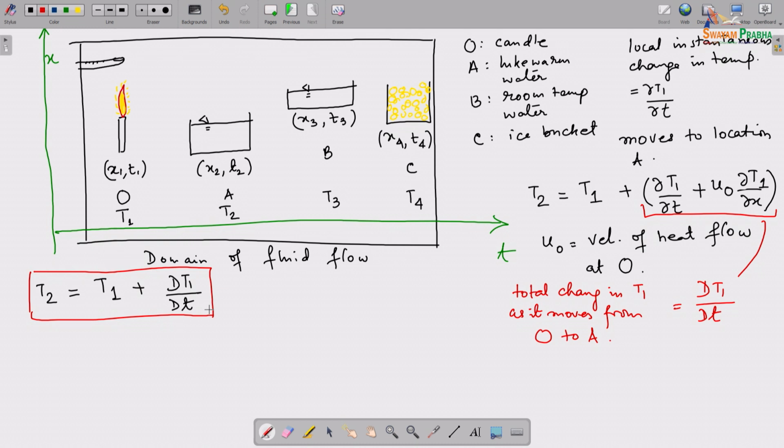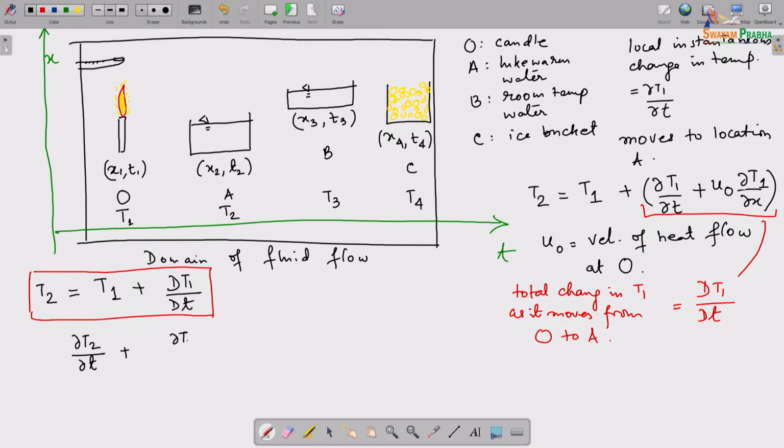The next step, again I am plunging my finger into the tank of lukewarm water, so that there is an instantaneous change in my temperature, which is delta T2 delta t, and then I move to location B. If I move to location B, then what is the change there?